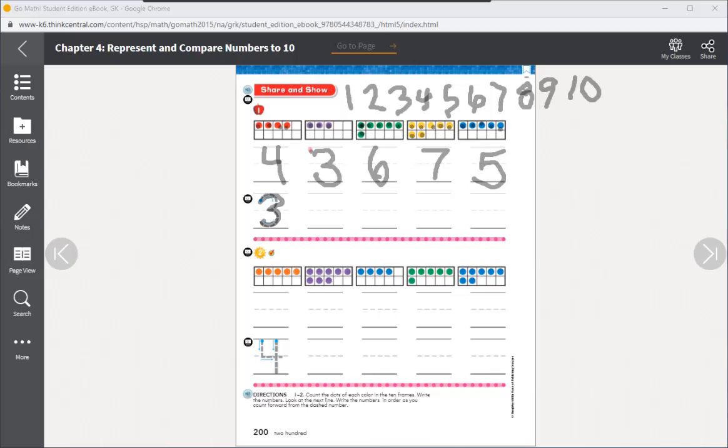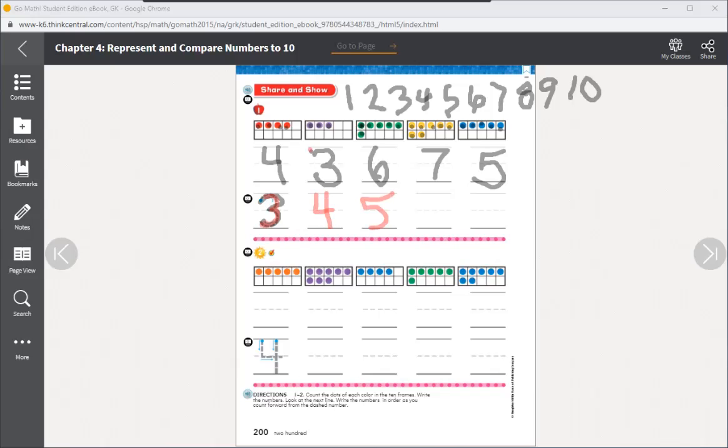Okay, Ayla, can you help me put these numbers in order in sequence, please? Turn on your microphone, please. Okay, so the first number right here, Ayla, is we start with 3. What comes after 3? 4. And what's after 4? 5.